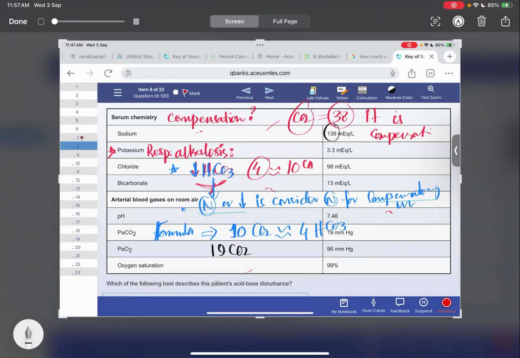So we have 19 carbon dioxide, right? So how much is it decreased? From 40 to 19, right? We have a difference of 21, right? So the body will compensate this 21 by bicarbonate, right?